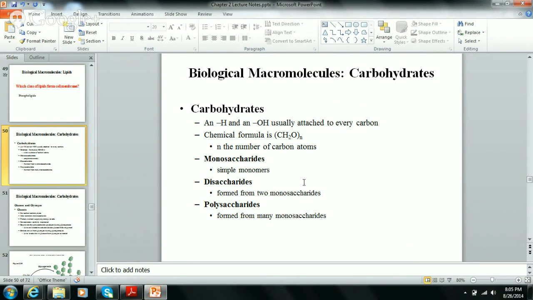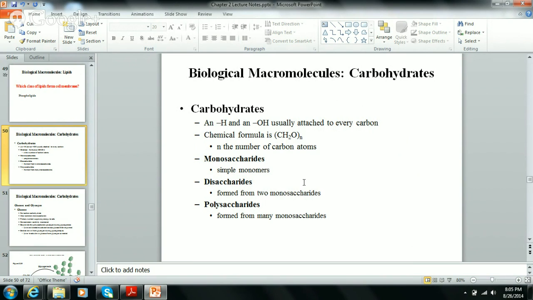When you're talking about an individual unit of a carbohydrate, the functional unit of a carbohydrate is a monosaccharide. It's one unit of a sugar molecule. When you stick two of these units together, you get a disaccharide. And when you stick more than two together, you make a polysaccharide.